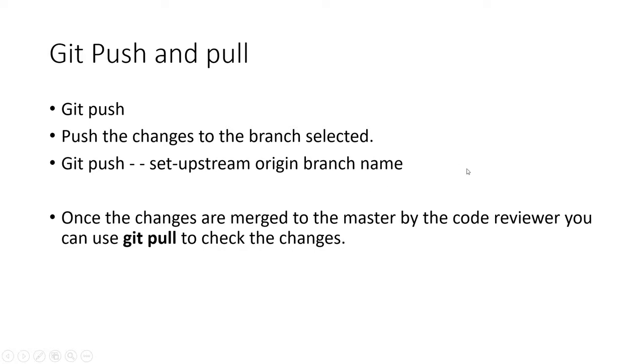Later, whenever a merge is done, or a code review or code change is done, if you do a git pull, you will get everything latest into your local so that you can work on that. Now in the next lecture, let's see how we use all these statements in the command prompt. See you in the next lecture.